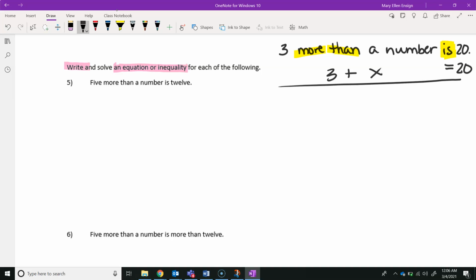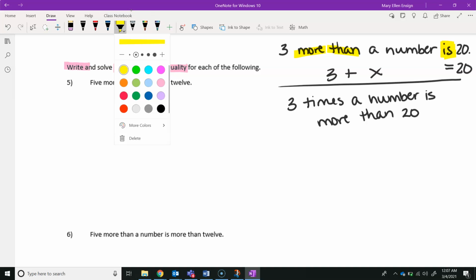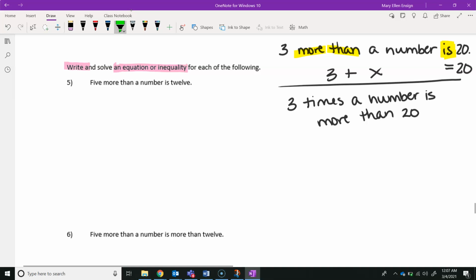Now, let me give you one that's really similar. 3 times a number is more than 20. Okay, so now the difference here is that it's not saying 3 more than a number is 20. It's saying 3 times a number in this case is more than 20.